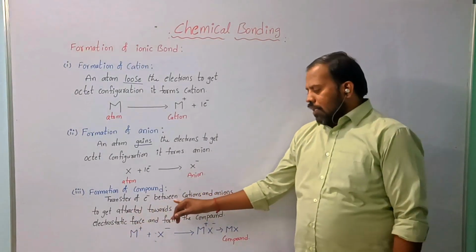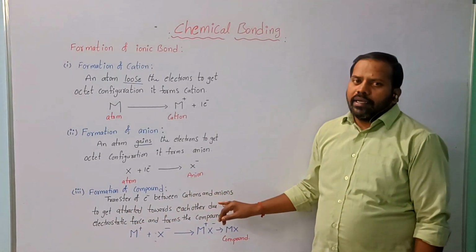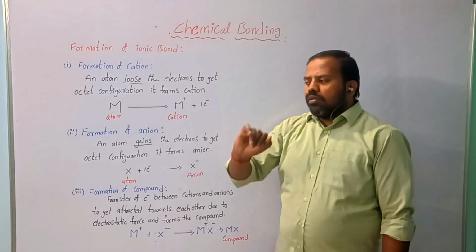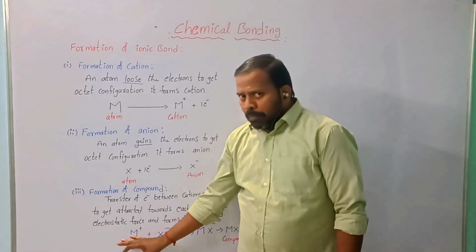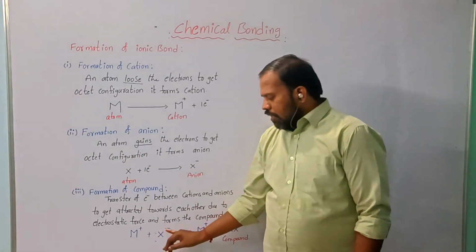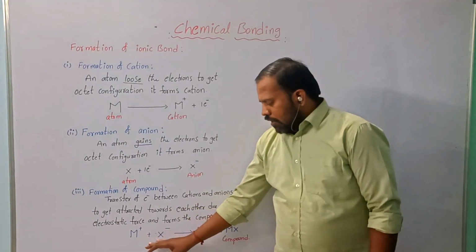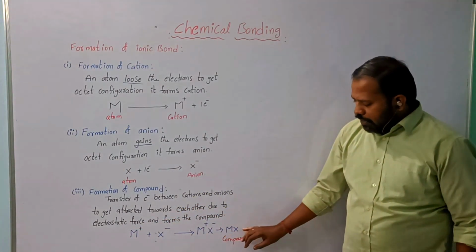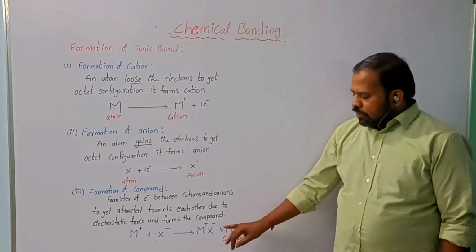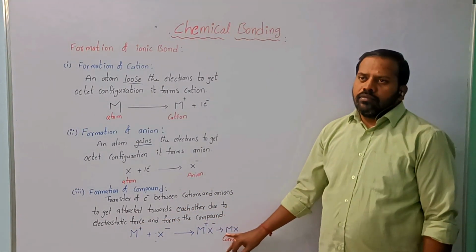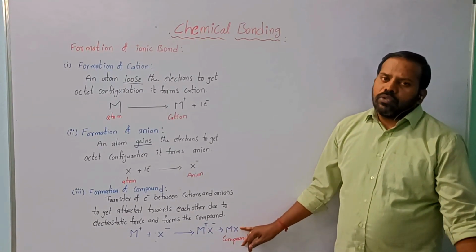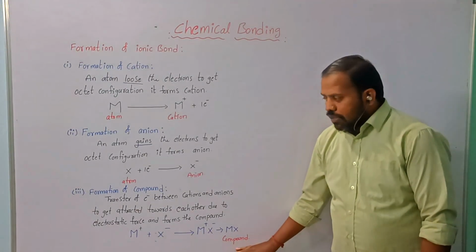Due to this, there is a bond between a cation and an anion, and that bond we call an ionic bond. How can we represent it? M plus is the cation, X minus is the anion. These two are attracted by electrostatic force, then it forms the MX compound. M represents the cation from an atom, X is the anion from its atom. So this is the compound.